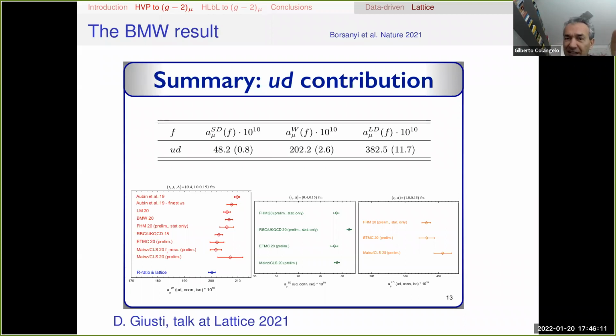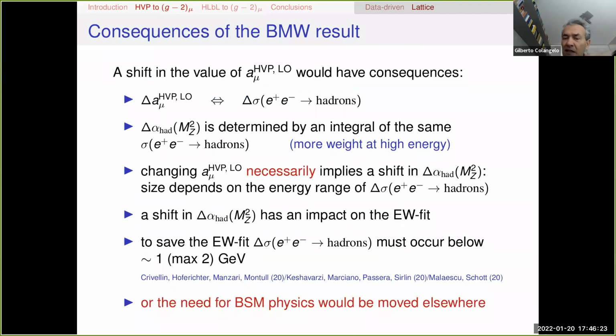And so this shows that the situation needs to be clarified among different lattice collaborations before one can talk about a problem or a discrepancy between lattice and data-driven approach. But let us now discuss what are the consequences of this BMW result if one takes it at face value.